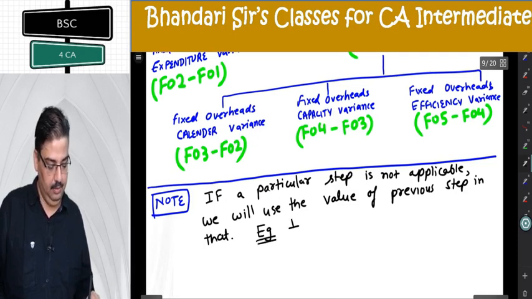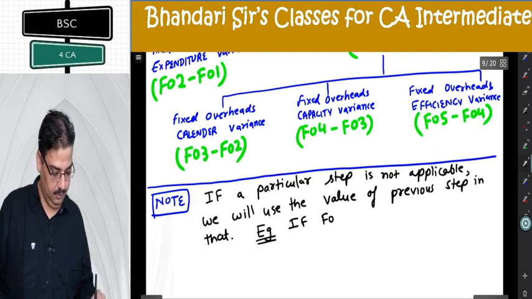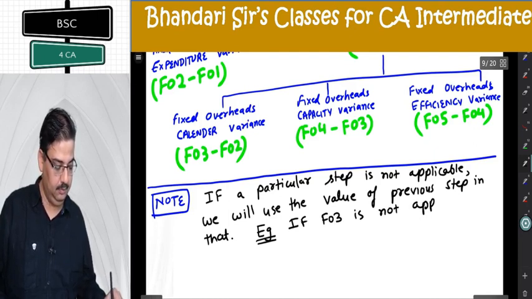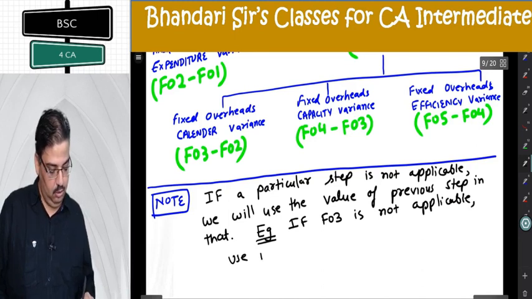For example, if FO3 is not applicable, use the FO2 value in FO3 also.